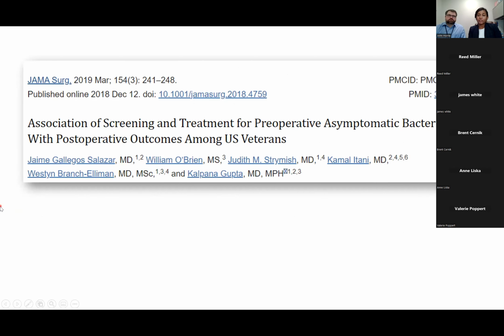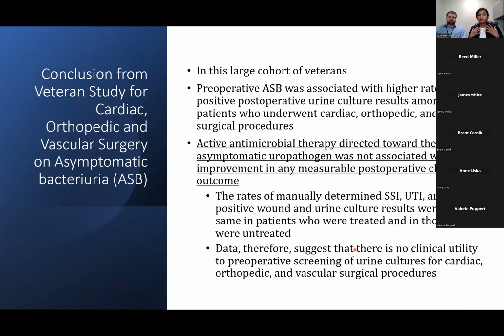And lastly, this was another major study that was done at the Veterans Hospital, where they looked at whether there is reason to screen asymptomatic bacteriuria. They looked at heart surgery, thoracic surgery, and vascular surgery. Their finding is that active antimicrobial therapy directed towards the asymptomatic urological pathogen was not associated with improvement in any measurable postoperative clinical outcome.